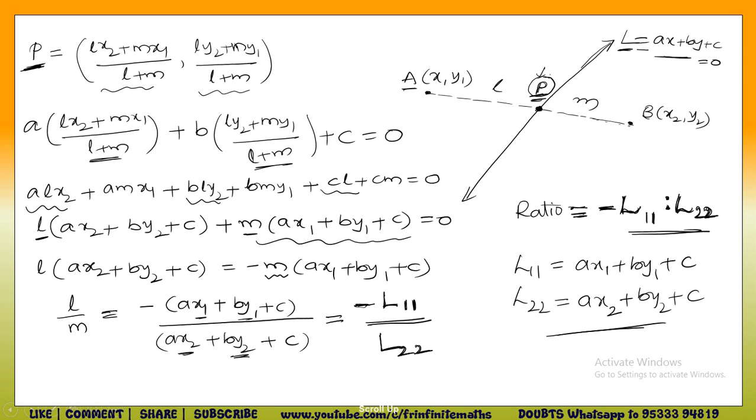Now we are going to talk about whether the points are on the same side or the opposite side. What is the ratio we got? Minus L11 is to L22. This we have obtained when we have considered the points on either side, right?